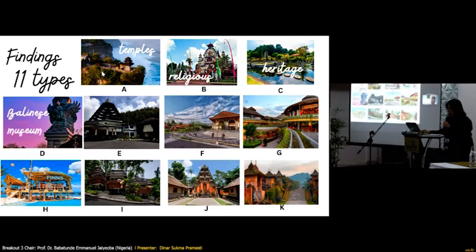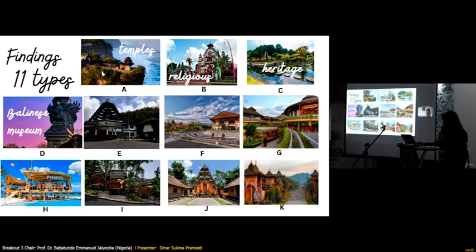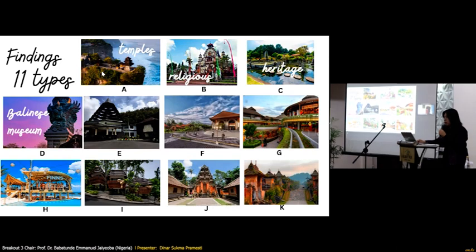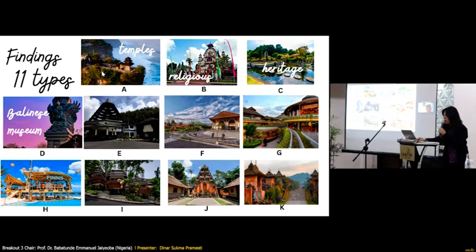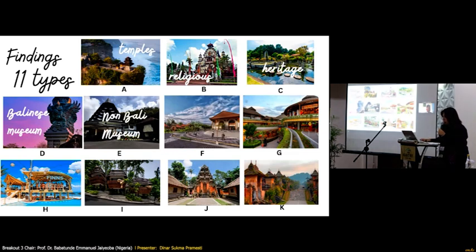The fourth, Balinese museum or monument, like GWK, Garuda Wisnu Kencana, and Museum Bali. The fifth is modern museum, like the Geopark Museum in Kintamani and Bajra Sandhi in Renon.